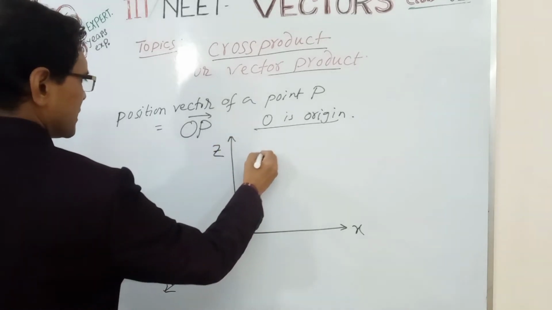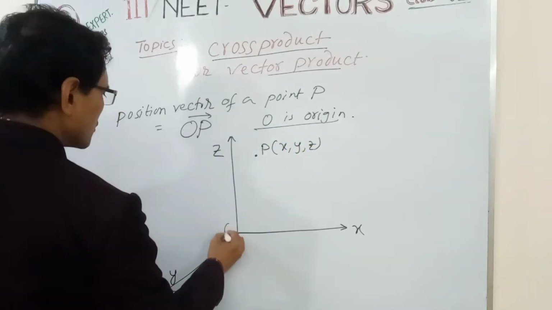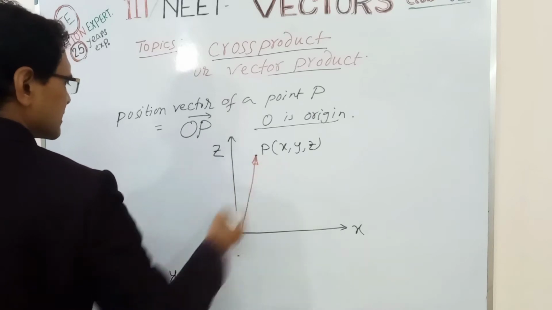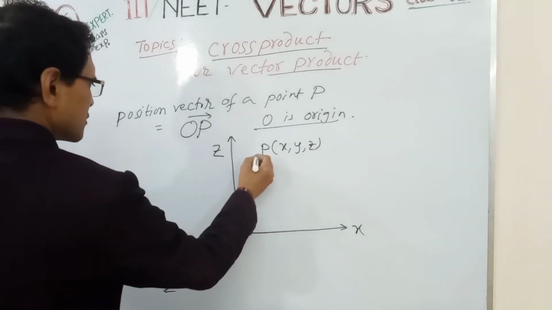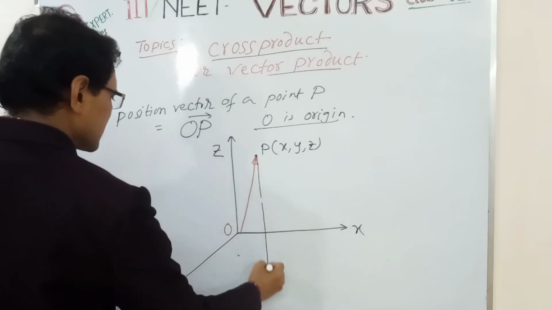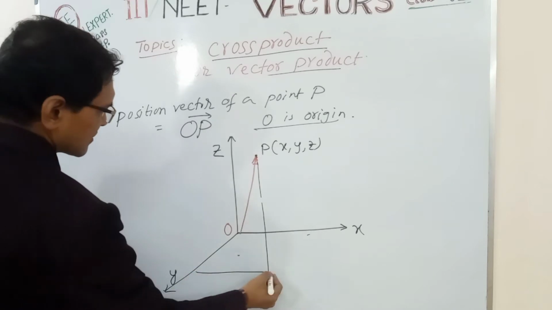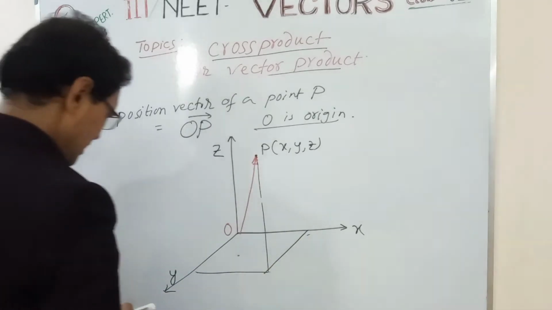This is a point P, and this is the OP vector. Now draw perpendiculars to find the OP vector. Draw a perpendicular this side and this side.